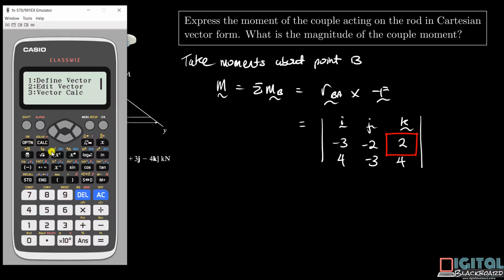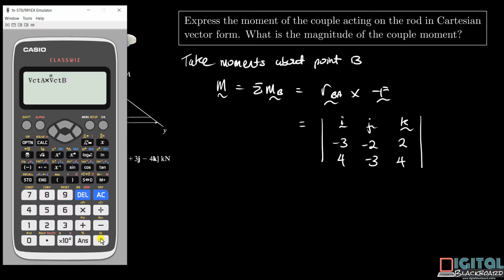And option, define our vector again, this time vector B. 3 again. First element is 4. Second element is minus 3. Third element is 4. And then you go to option and vector calculation, and we choose vector A cross vector B.